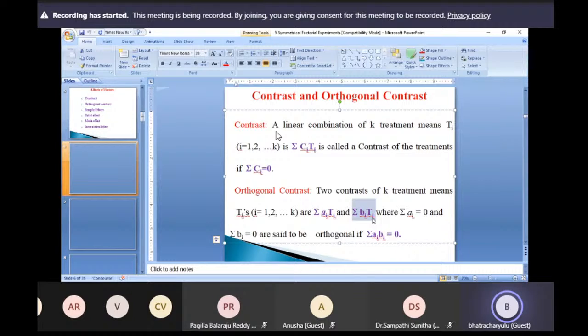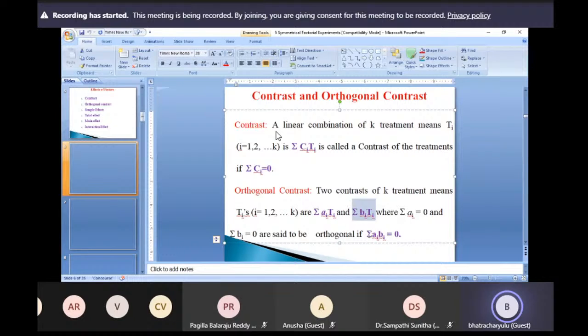Now suppose I take treatments and blocks. You have three treatments, say T1, T2, T3, and four blocks, B1, B2, B3, B4. I take the treatment contrast and the block contrast.